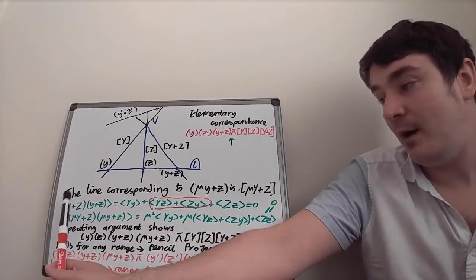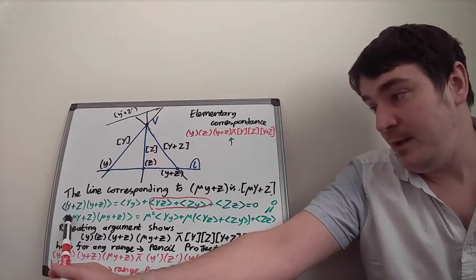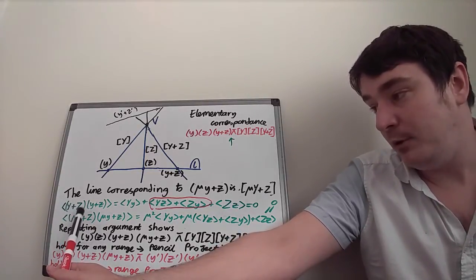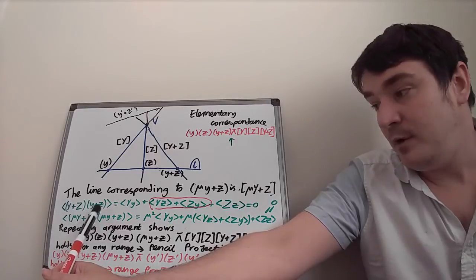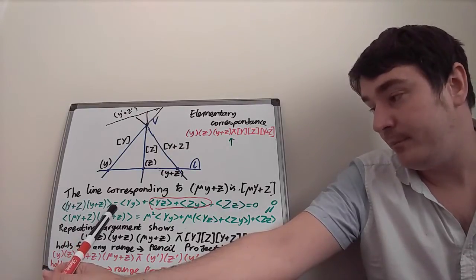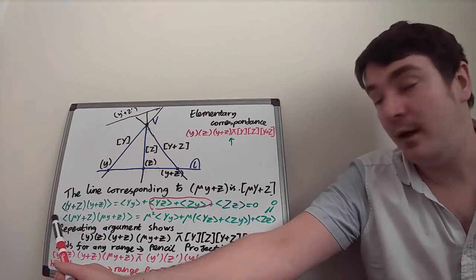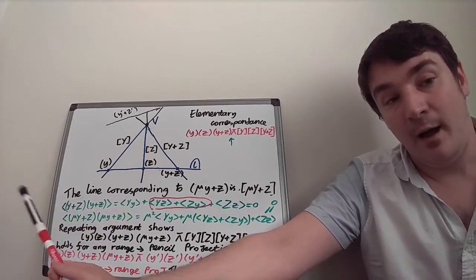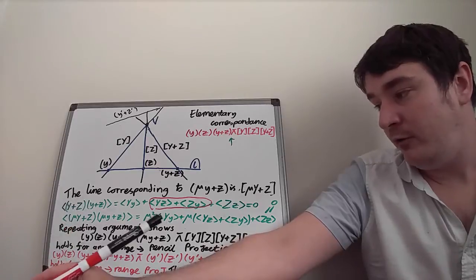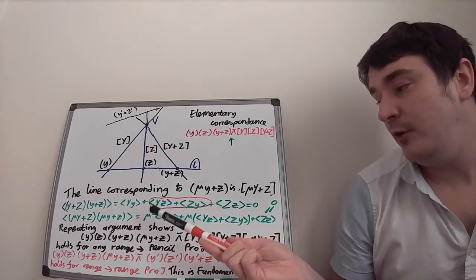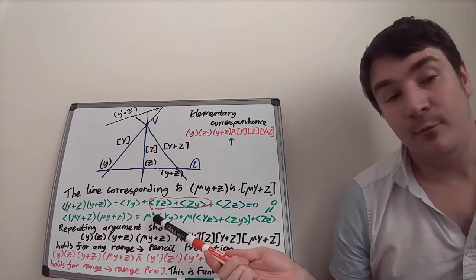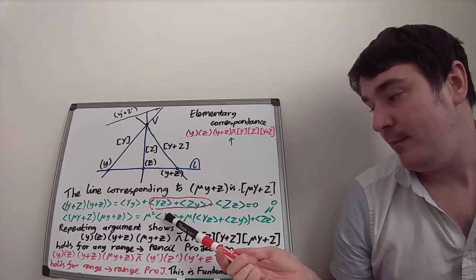So we want to show now that the product of mu big Y plus z and mu little y plus little z is 0. So let's expand this out using the standard algebra of dot products, and we get that this is going to be equal to mu squared times the product big Y little y.